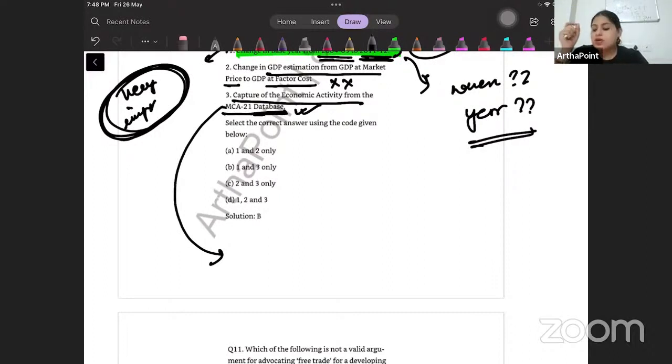So the aim is to bring e-governance, to automate everything, and under that, all economic activities are now being captured from the MCA 21 database. So that's the correct statement. So 1 and 3 are correct.